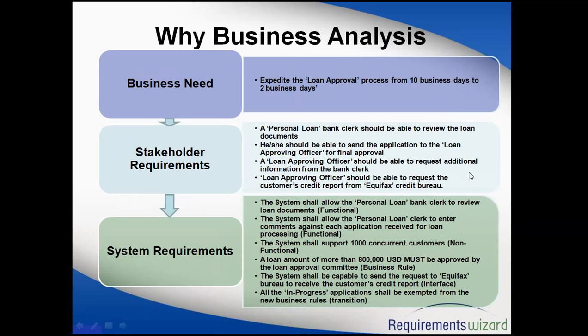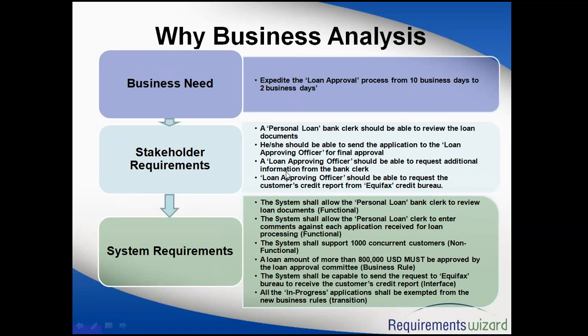So back and forth, when you are discussing the requirements during the elicitation sessions, either the loan approving officer or you come up with the idea that, okay, why not give you a capability where you can directly go to the Equifax bureau and get the customer's credit report in real time. Right? So you do all these requirements, talk to the stakeholders.